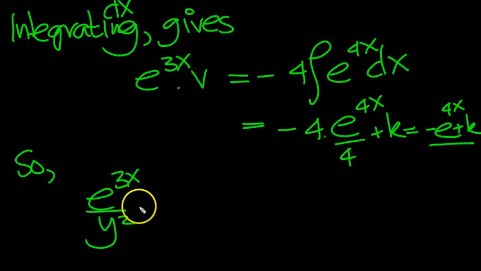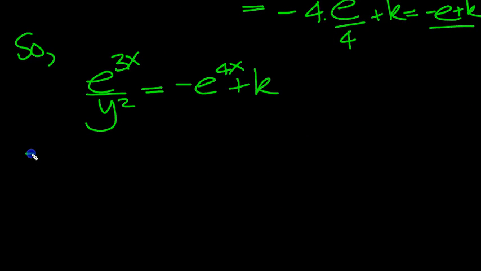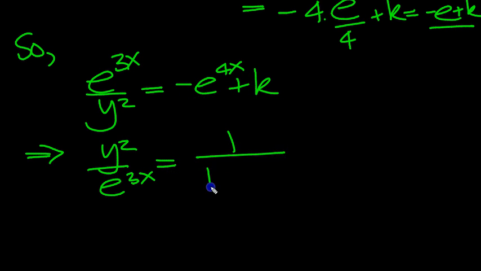So e to the 3x over y squared, I've put that in there, is equal to minus e to the 4x plus k. Invert it. So this implies that y squared over e to the 3x will equal 1 over this thing here, which I'll write the other way around, k minus e to the 4x, because it's easier on the eye.